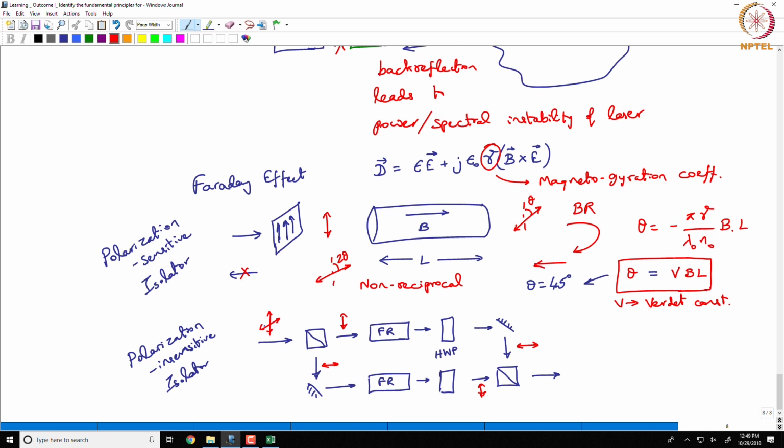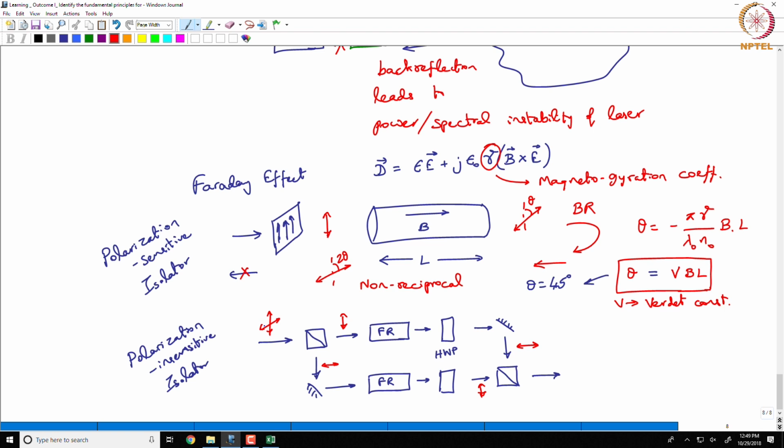In this case you could have some other arbitrary polarization coming in as well, but you could find a way of extinguishing that, providing isolation for that. So, that is a polarization insensitive isolator.